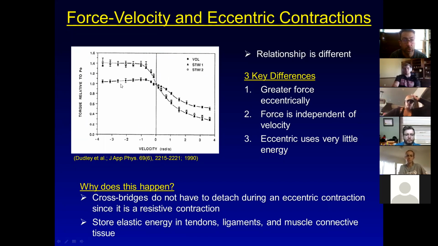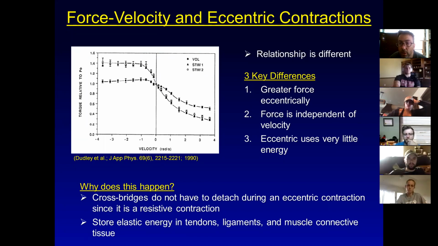As I go faster and faster eccentrically, what happens to my force production? Pretty much stays the same. Force stays the same. That's weird, right? When I go faster concentrically, force gets smaller. It decreases. So when you go faster eccentrically, the relationship is very different.